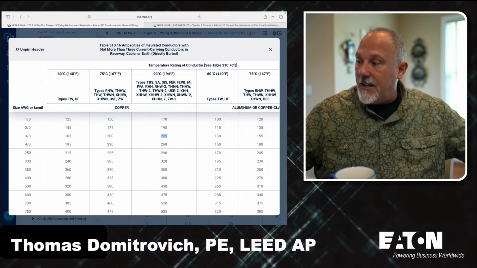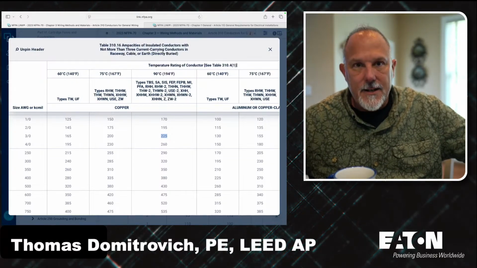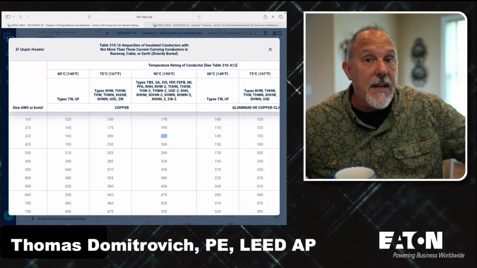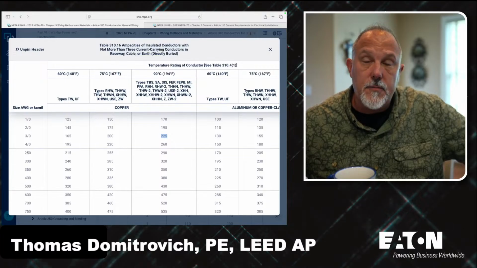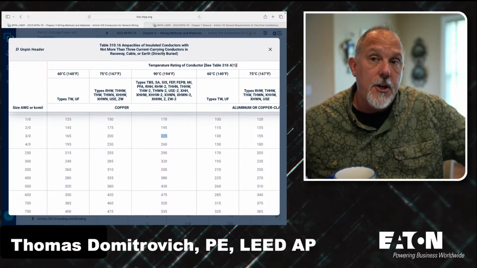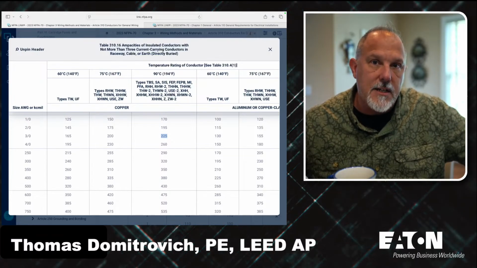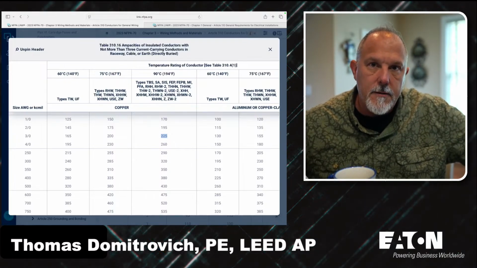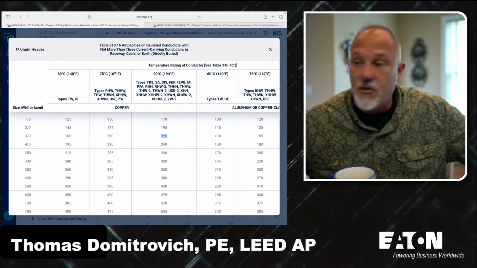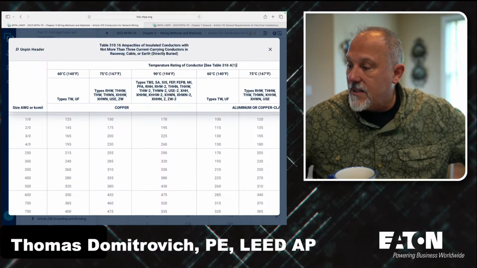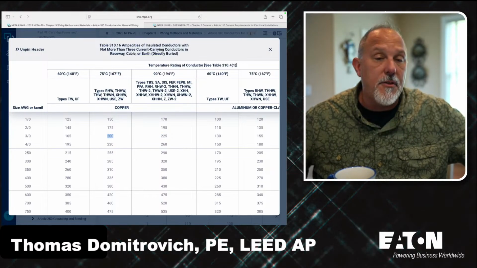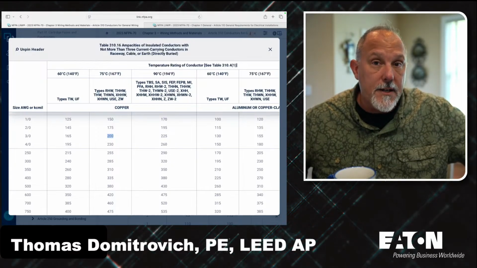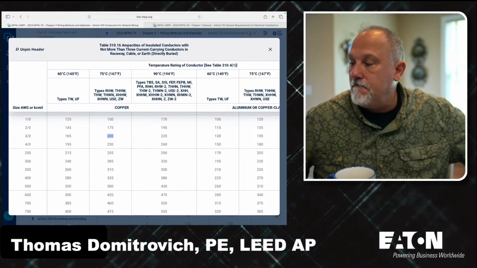I can't have the ampacity of the conductor be greater than what's in the 75 degree C column. That means that I can't use a 90 degree C conductor. That doesn't make sense. And there should be no provisions in there that say you can't use a 90 degree C conductor on a 75 degree C piece of equipment. You just can't put more than what's in this 75 degree C column through that termination and over the conductor. You can't exceed that value.